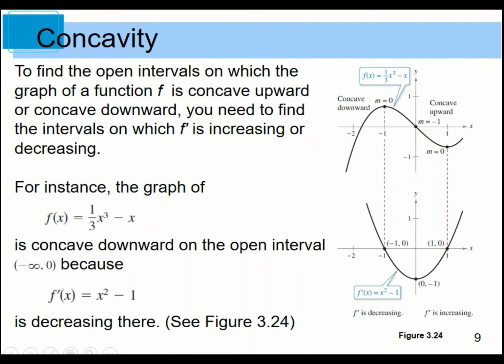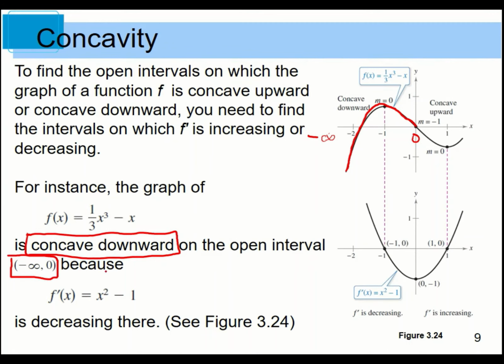This is where the curve is concave downward. It happens from negative infinity to 0. So we can say the curve is concave downward on the open interval from negative infinity to 0.